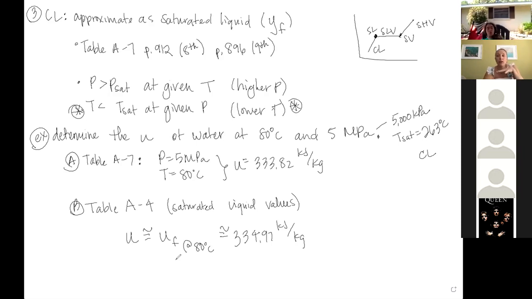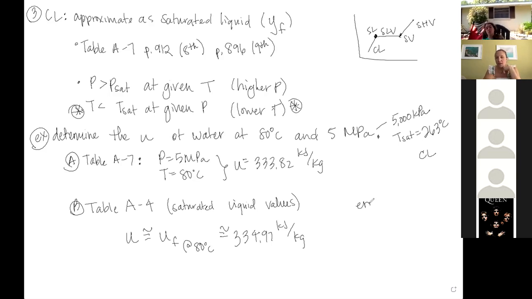For a compressed liquid, only a compressed liquid, you can use either the compressed liquid table or your saturated liquid vapor table and only use your saturated liquid values, because as you can see, these are very similar values. So a lot of times we just approximate our compressed liquid to be a saturated liquid. So you can use either table. It's probably easiest to use the saturated liquid vapor table, but whatever's easier for you.